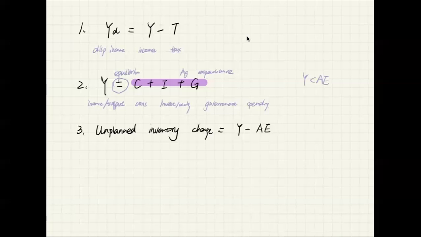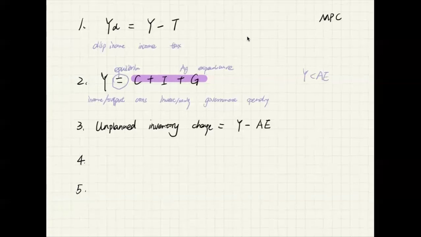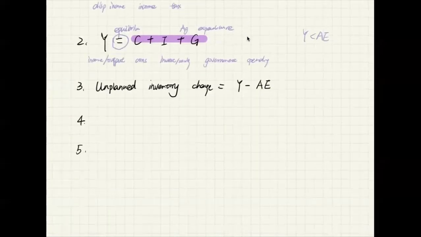Okay, and then the fourth and fifth equations are actually very similar. They are based on MPC. I assume you guys still remember the meaning of MPC. MPC is the marginal propensity to consume, right? From our last discussion. Now we need to know some multipliers.